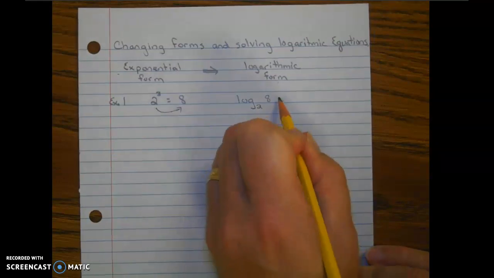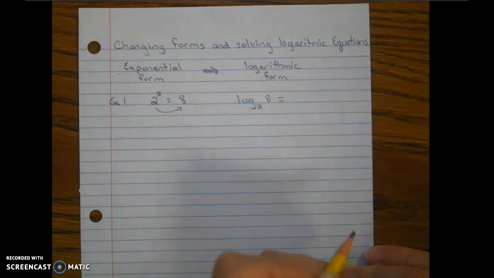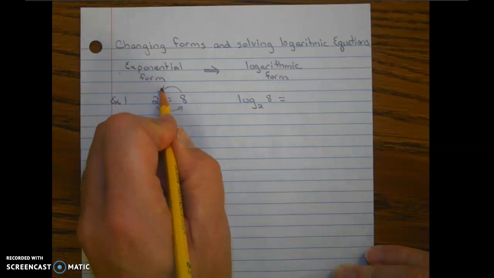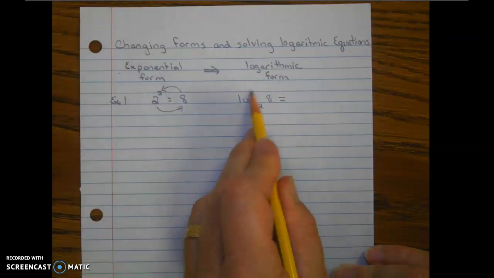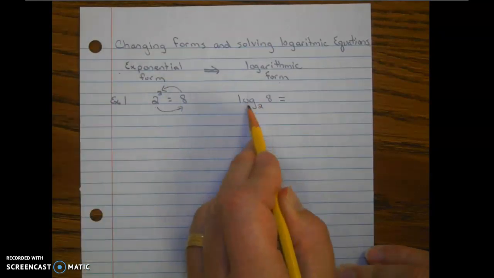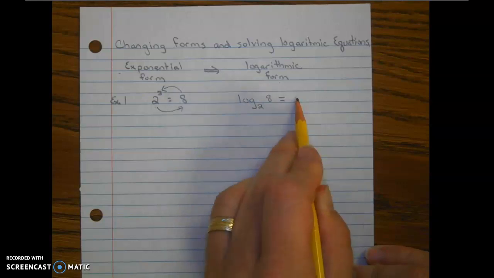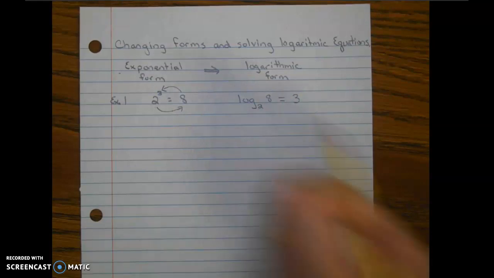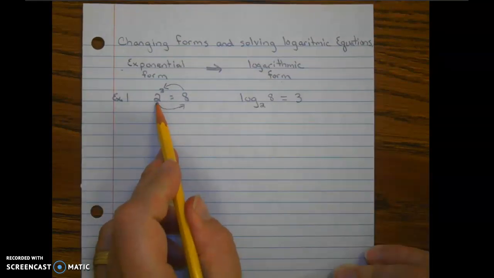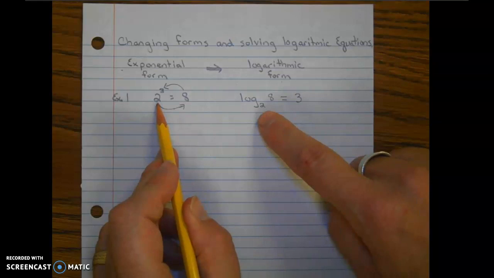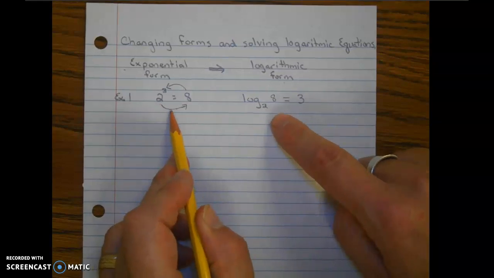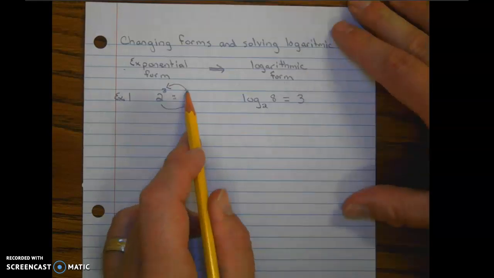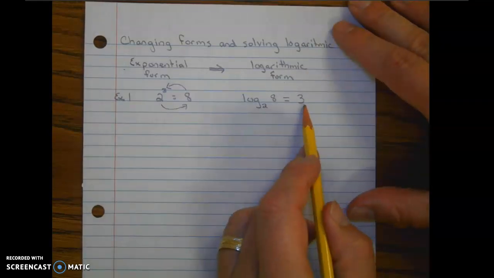Then we put in our equal sign, and then we finish the log with the exponent. The answer to a logarithmic problem like this is going to be an exponent, in this case 3. So again, we start at the base, go around in the circle, and end up with the exponent.